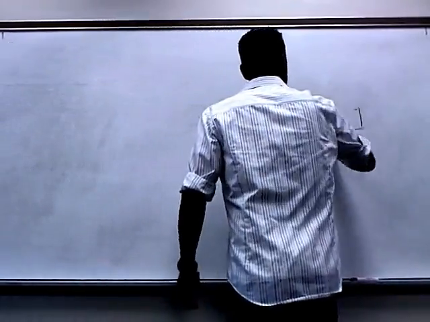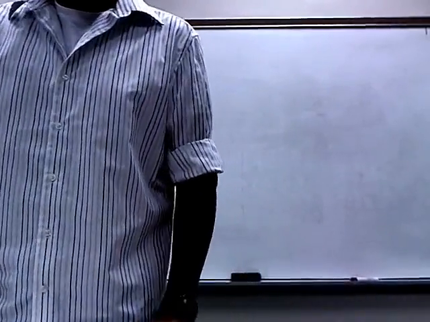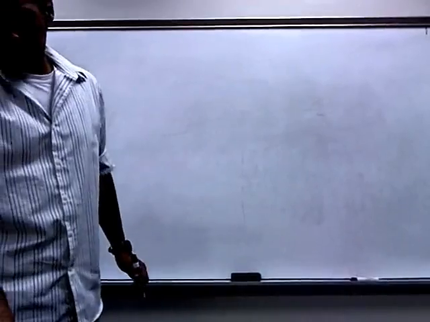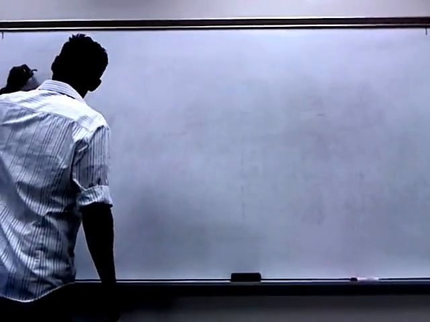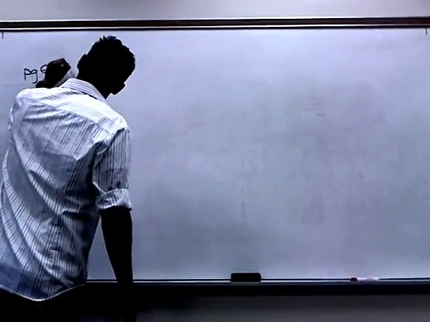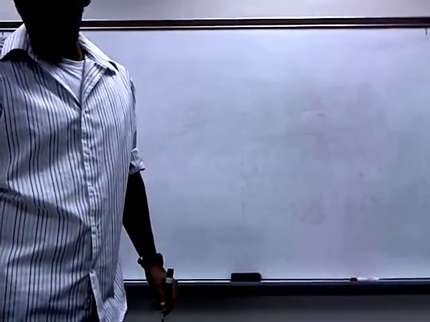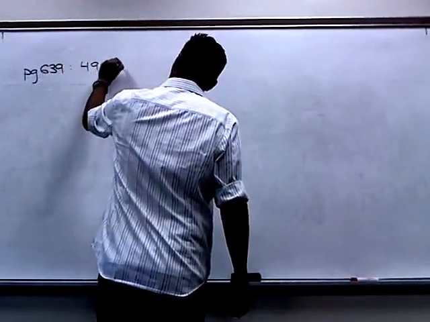All right, that is it for the operations with complex numbers. So I'm going to give you a couple more problems here. Page 639. If you look at 49 through 59, odd.